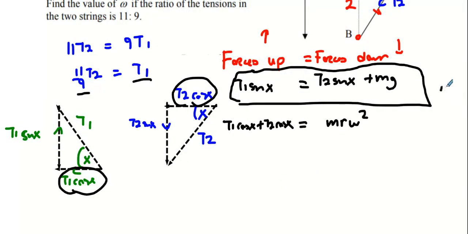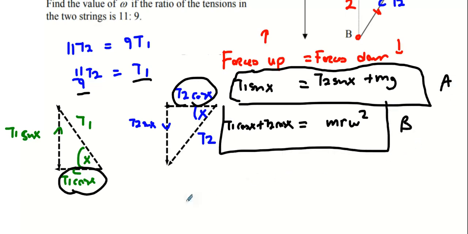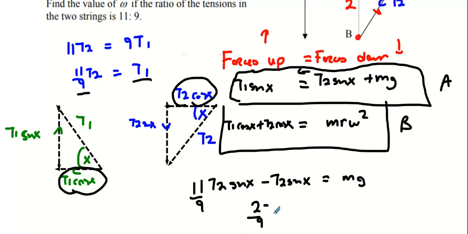I'm going to use equation A here, and this is going to be equation B. Using equation A, we're going to have 11 over 9 T2 sine X, then minus T2 sine X equals mg. So that's going to be 2 over 9 T2 sine X equals mg.